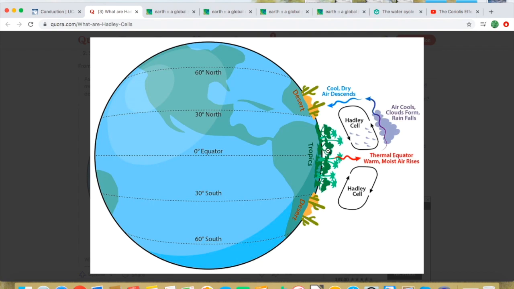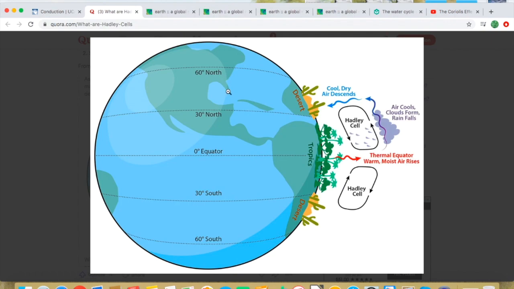This explains why it's so much hotter in the tropics than it is in the Arctic and in the Antarctic, because the sun's rays in the tropics, as they strike the Earth's surface, are not spread out over such a large area as they are further north or south of the equator.